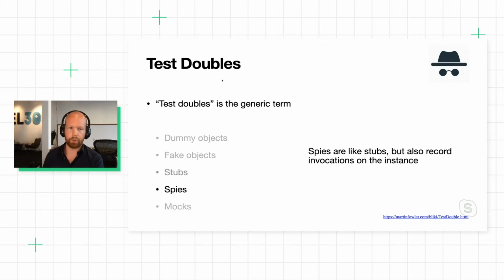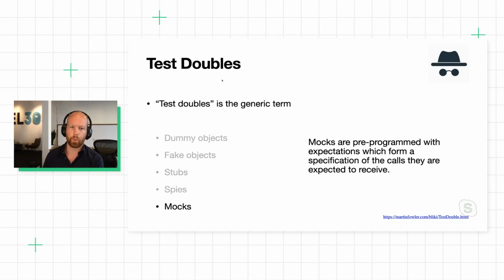And finally, you have mocks. Martin Fowler describes a mock as a pre-programmed instance with expectations, which form a specification of the calls they are expected to receive. You can basically view that as setting up a mock and stubbing it with the expected things you want to do.